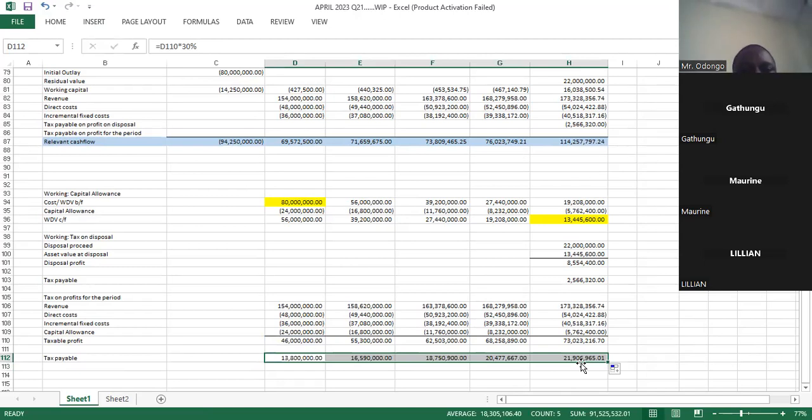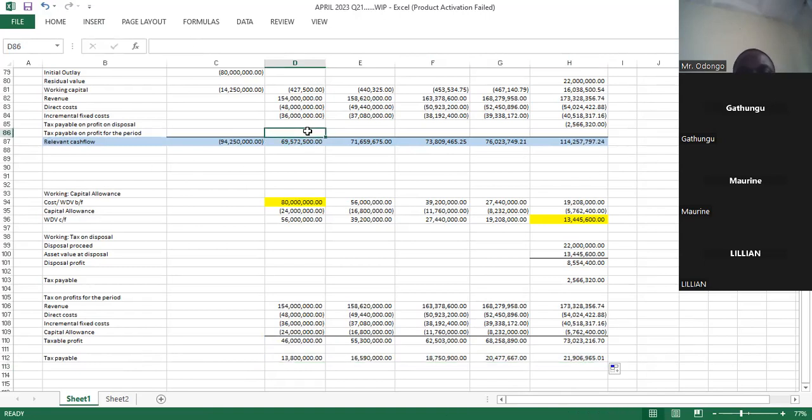If I do that, remember, I now have the tax as a cash flow on the profits to be made per year. So I come back to my cash flow schedule and say that it is equal to negative 13.8 for period 1.